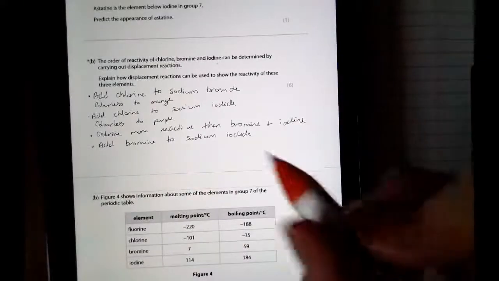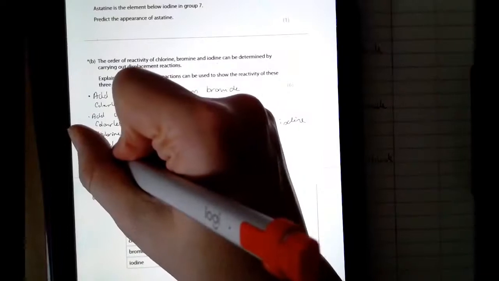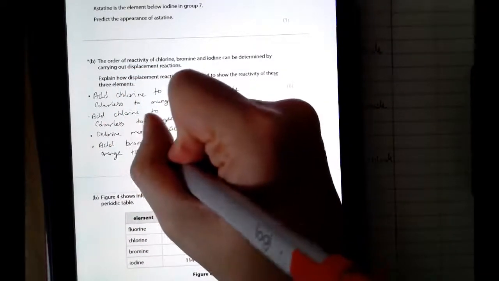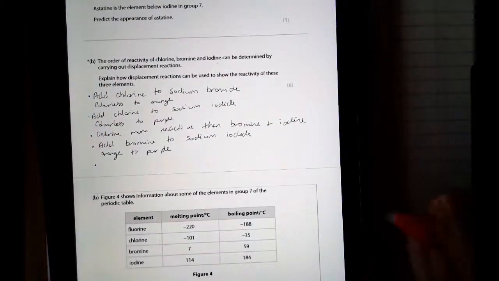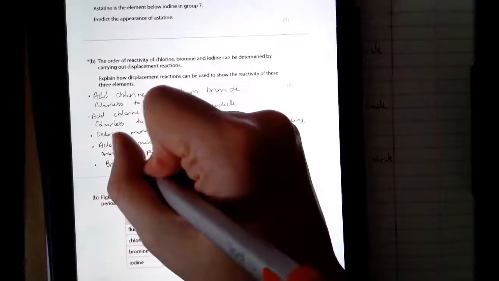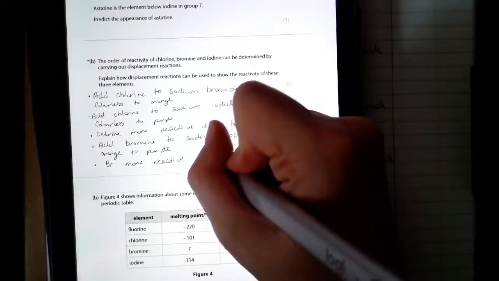Add bromine to sodium iodide. Again, you're going to see a color change. Bromine starts off as orange and it will turn to purple. The fact that there was a reaction and I saw a color change tells me that bromine is more reactive than iodine.